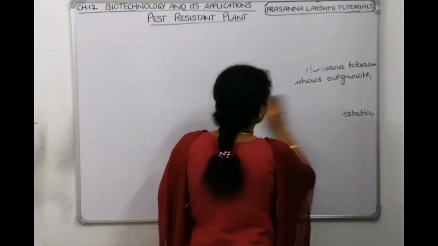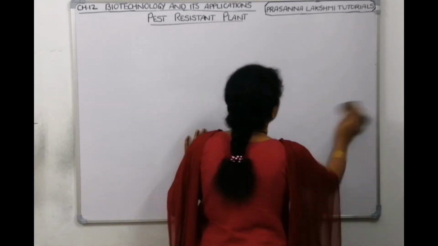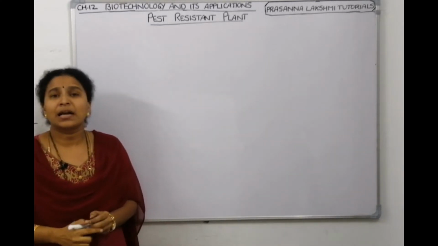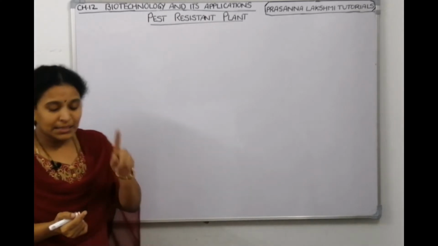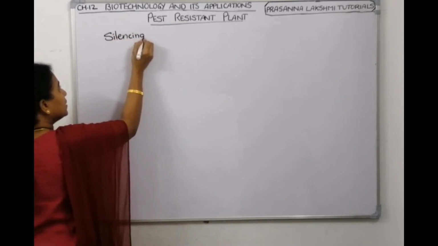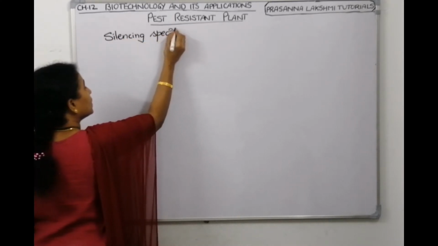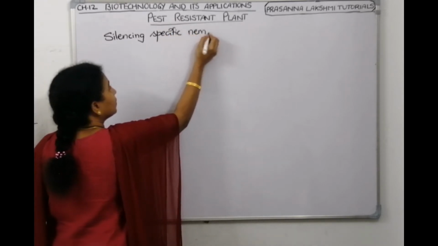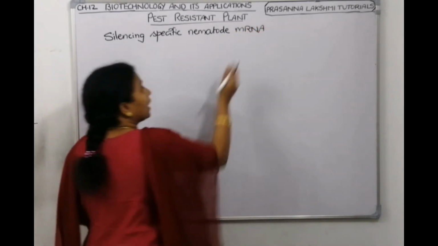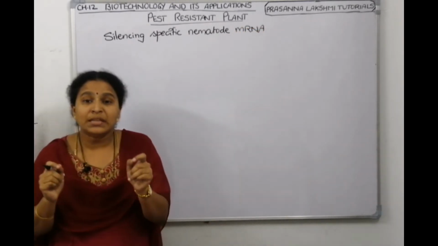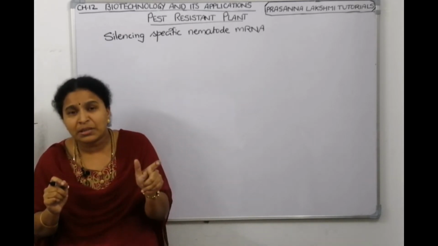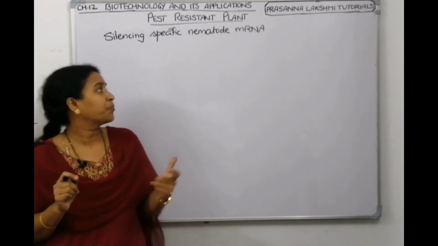So we are talking about RNA interference. Now, what is RNA interference or RNA silencing? Silencing specific nematode mRNA. We are making the nematode's mRNA silent. You are not allowing the nematode's mRNA to express and produce a toxic protein.